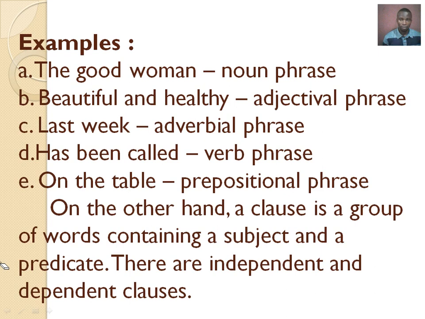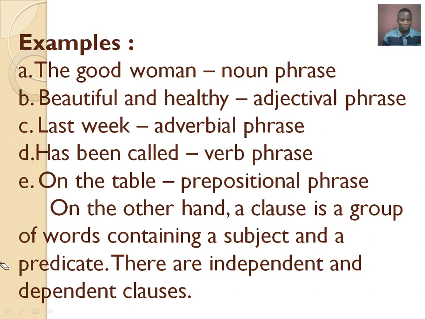On the other hand, a clause is a group of words that has a subject and a predicate. In other words, a clause has a subject and a finite verb. It has a subject and a verb in itself. And this clause can be divided into two, the main clause and the dependent clause.